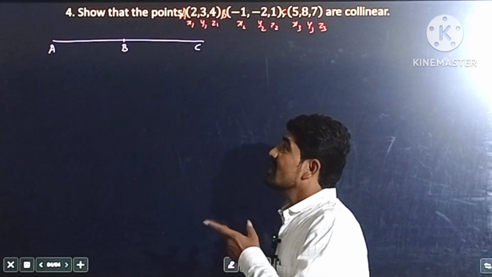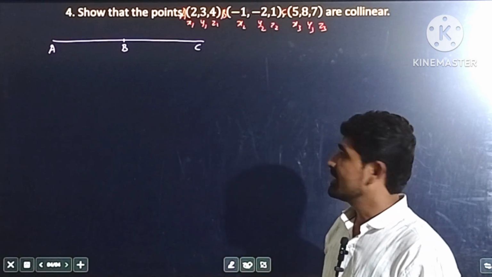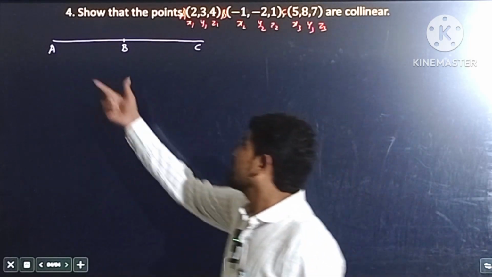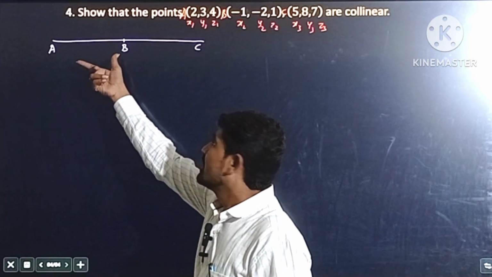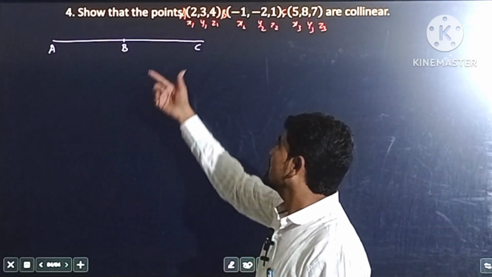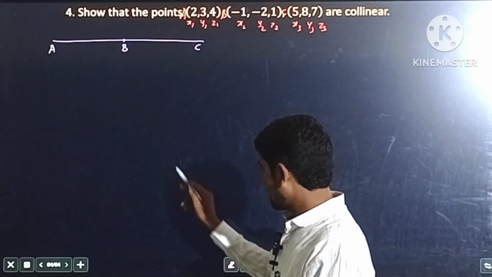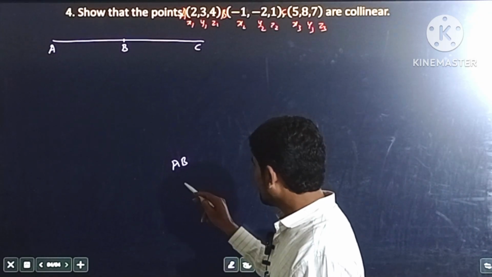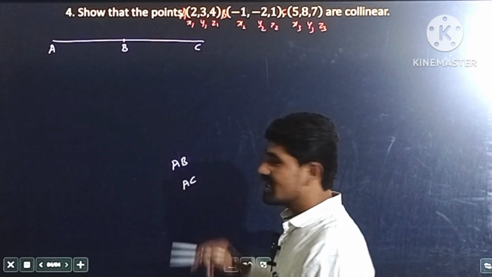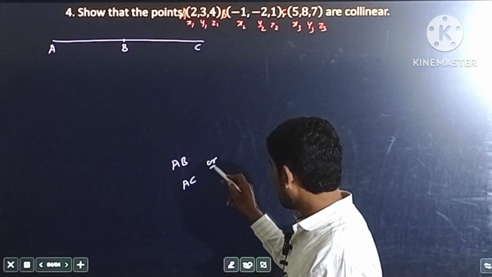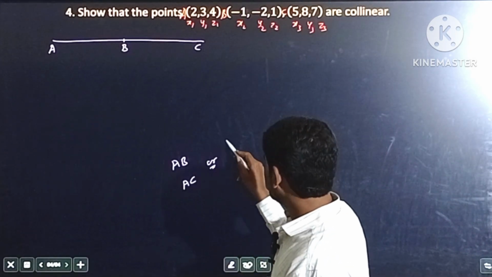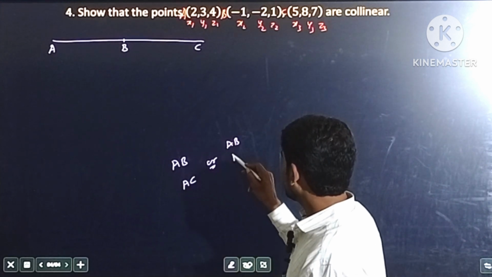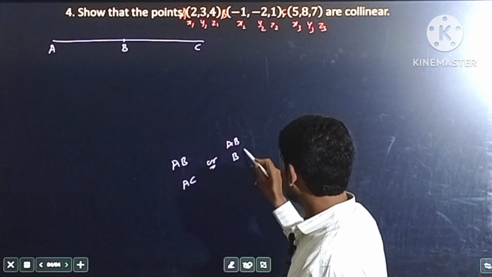And we know the condition of collinearity of 3 points: the direction ratios of the line segment AB are proportional to the direction ratios of the line segment BC, or of the line segment AC, or the direction ratios of AB are proportional to those of BC.